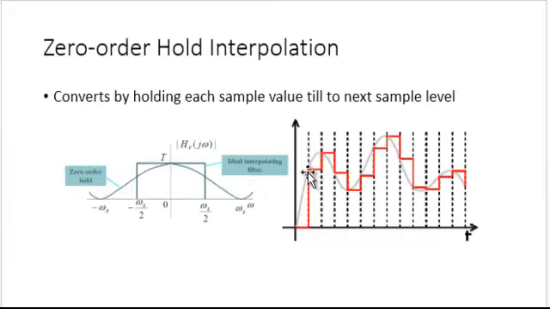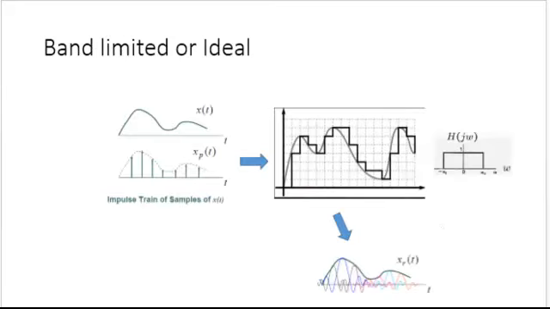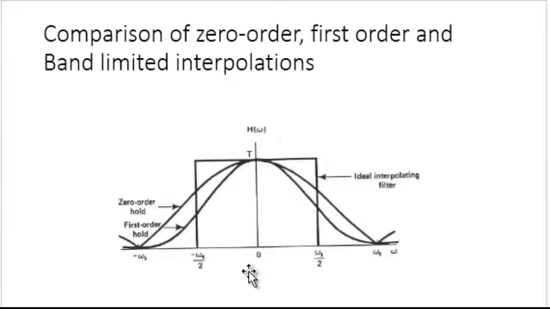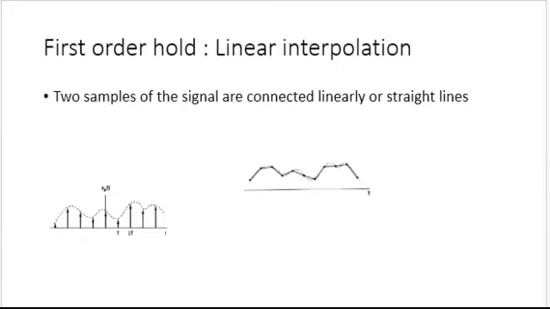Here it is not giving an exact representation of your input signal. Even in band limited interpolation the signals are interlinked with respect to different sinc functions. So comparing all these, first order hold interpolation is better than zero order hold and band limited interpolation.